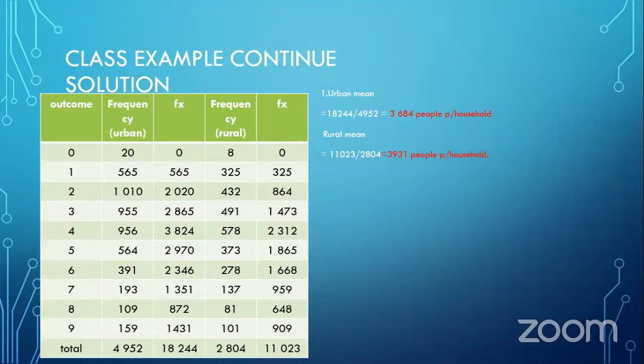Okay, 2,804. But that's not my answer on the calculator. But you did the same calculation. Yes, but on my calculator it's 3,931. I don't know why there's a comma.